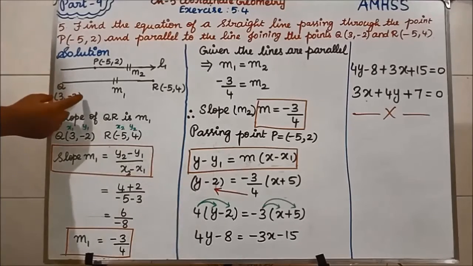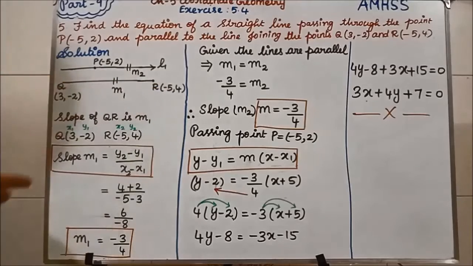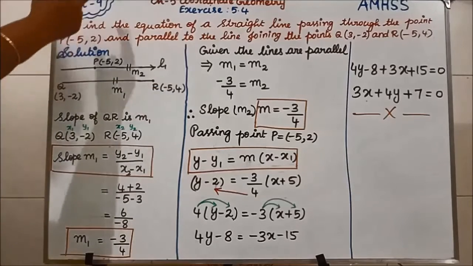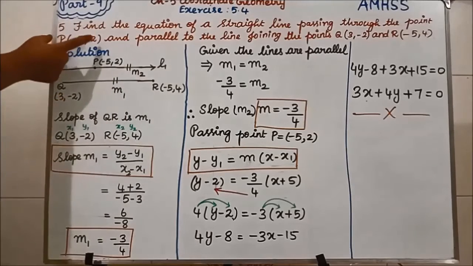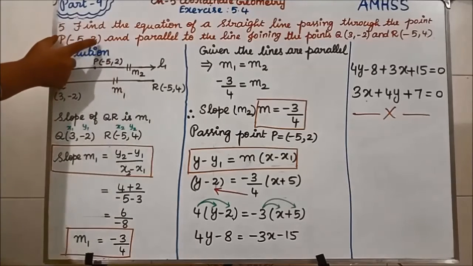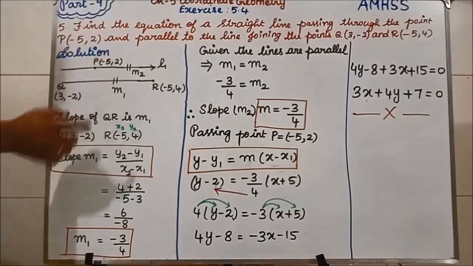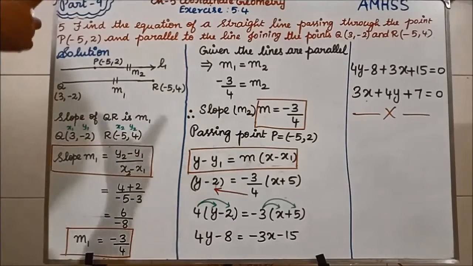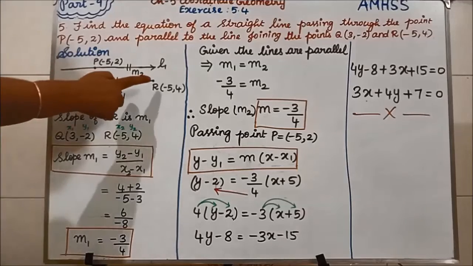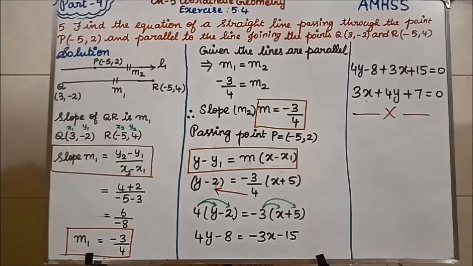So Q is (3, -2), R is (-5, 4). Parallel to means you have to draw another line. This one is only the point P(-5, 2), and parallel to the line, two points are given, so one point should be in this corner and the other point in that corner.